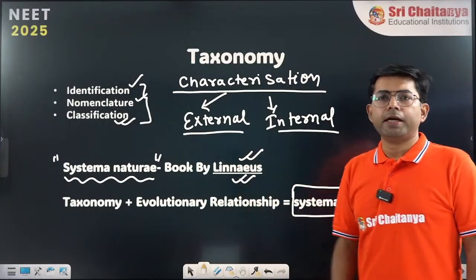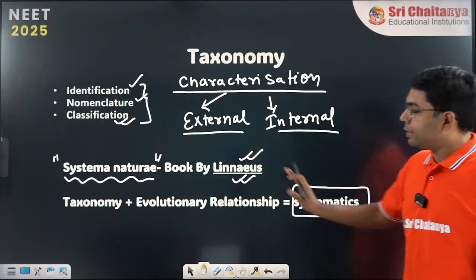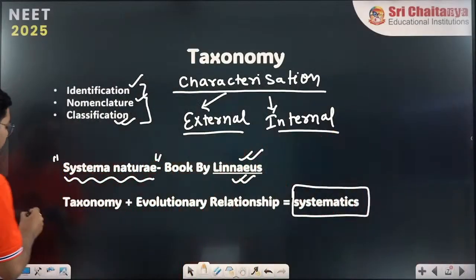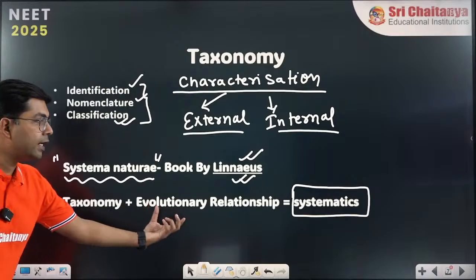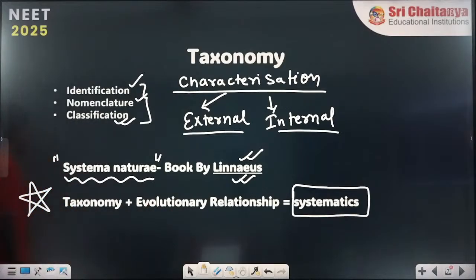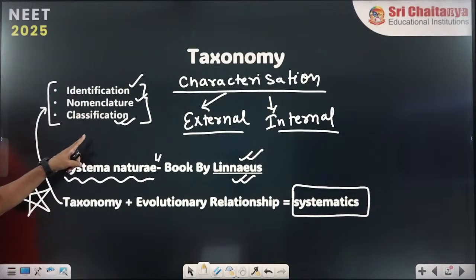So what is systematics? In terms of a simple equation, systematics is taxonomy plus the evolutionary relationship. Taxonomy, we have already seen, includes identification, nomenclature and classification.